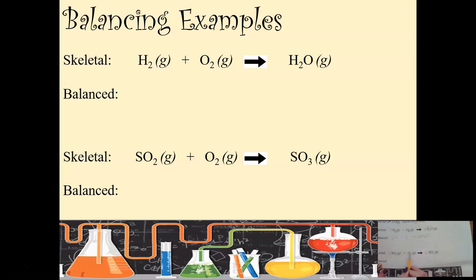So my oxygens are now balanced, and what happened? Also balanced my sulfur. So the balanced equation would be 2 SO2s, 2 sulfur dioxide plus my oxygen yields 2 sulfur trioxides. Okay, 2 sulfur, 4 plus 2, 6 oxygens. 2 times 3, 6 oxygens. We're balanced.